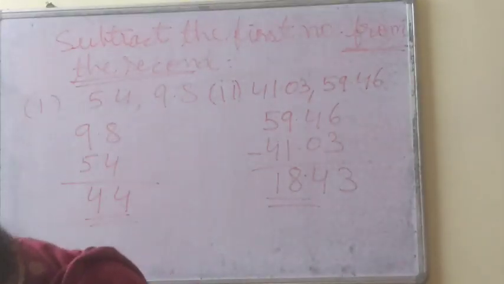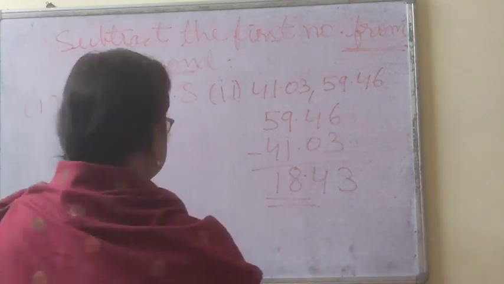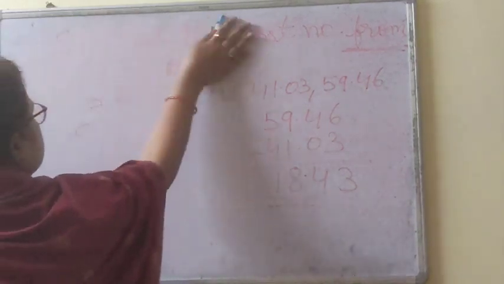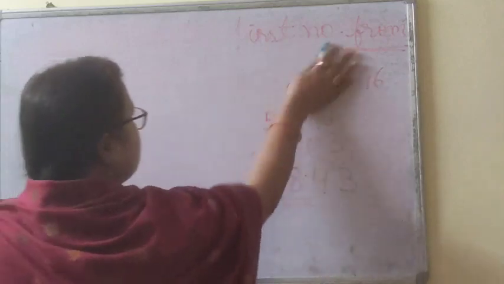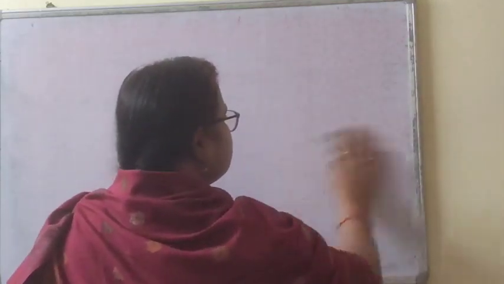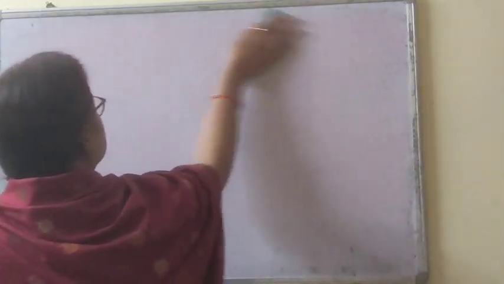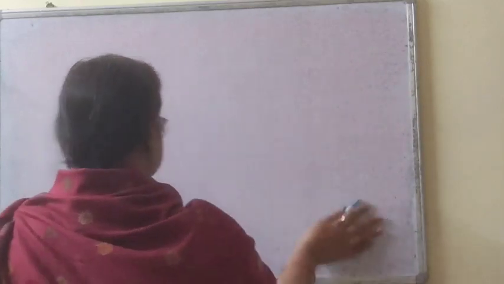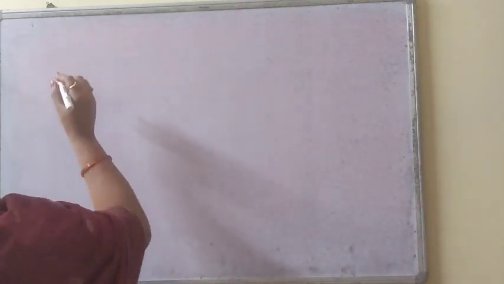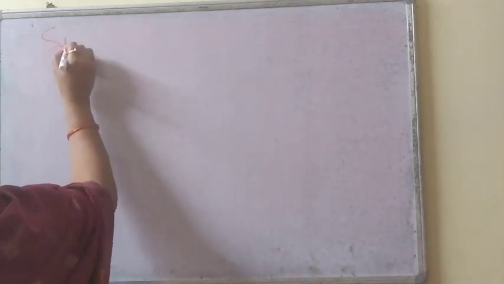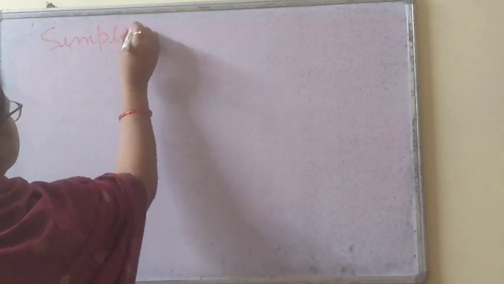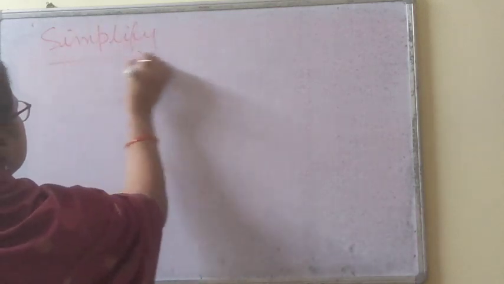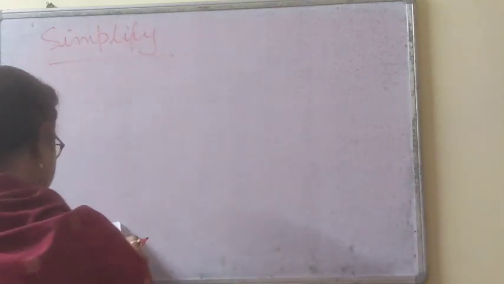Now next, these are the different types of questions that you can get from this topic. Now next you get questions like simplify. 1 or 2 examples we will solve in this also.